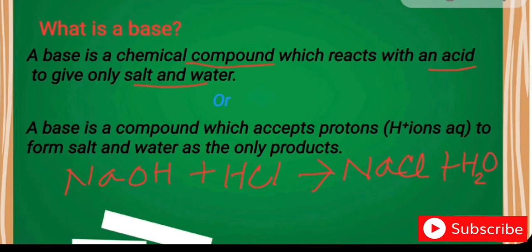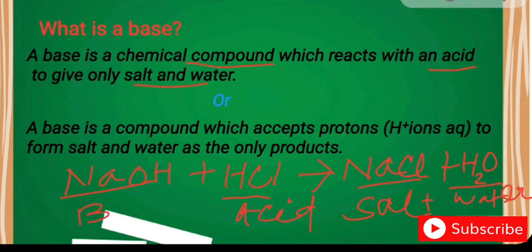So what is a base? Base is a chemical compound which reacts with the acid to form salt and water. So the substance which reacts with the acid and forms salt and water is known as the base. So your NaOH is the base here.